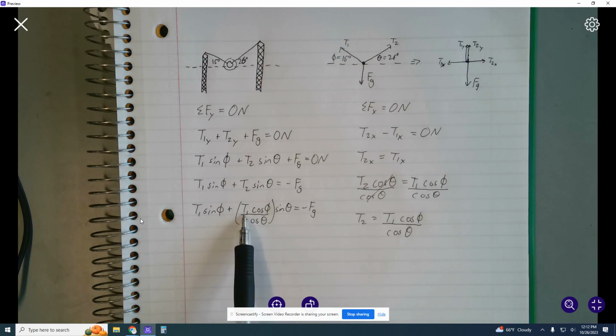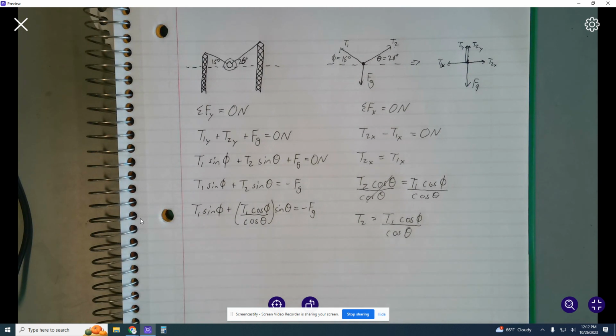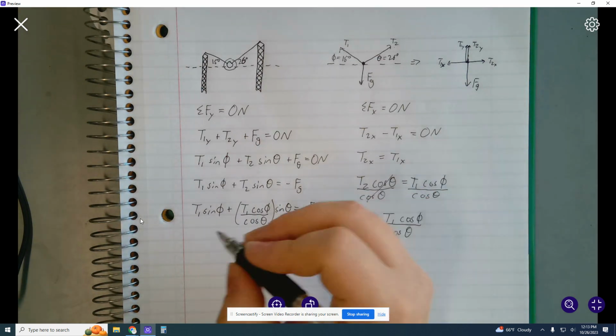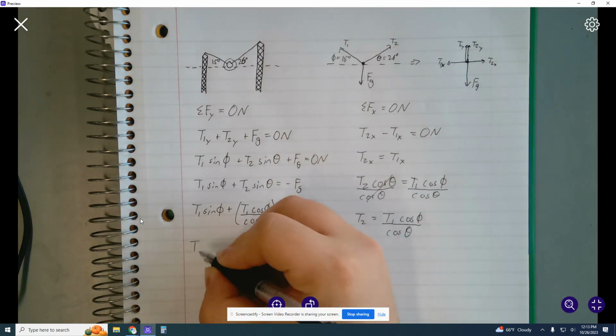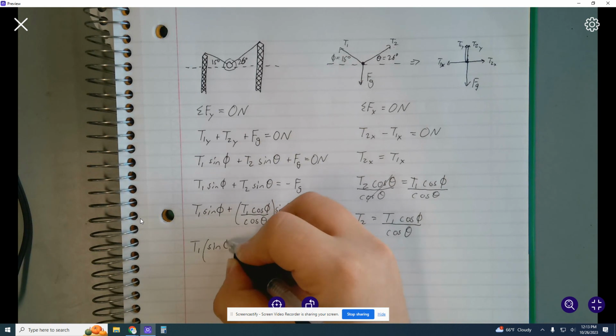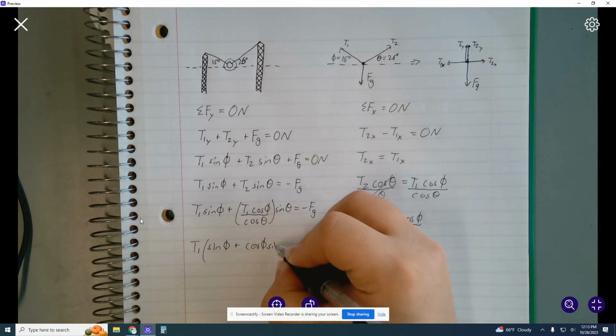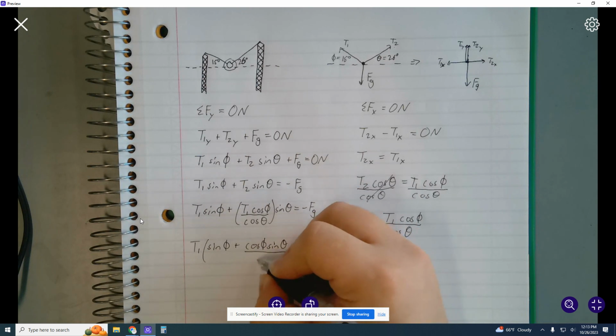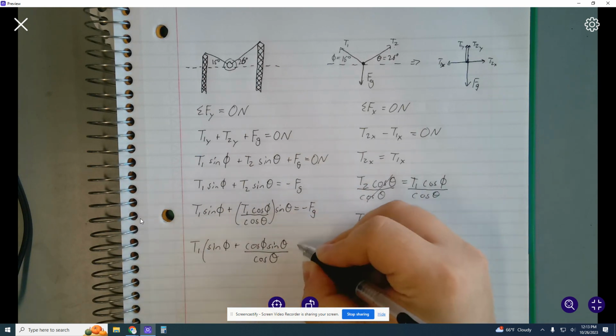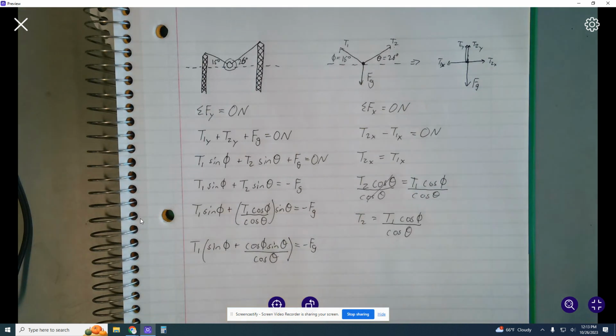So what I'm going to do here is get T1 to be by itself on one side of the equation so I can solve for it. First thing I'm going to do is pull T1 out using the distributive property. That'll give us T1 times sine phi plus cosine phi times sine theta divided by cosine theta equals negative FG.